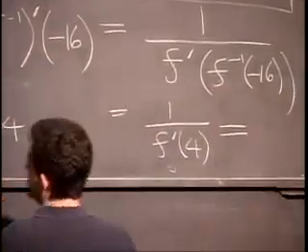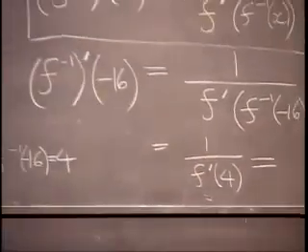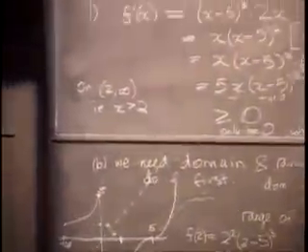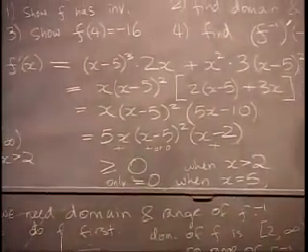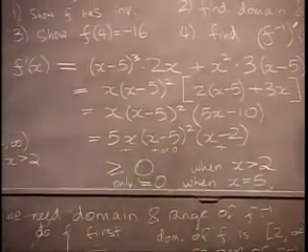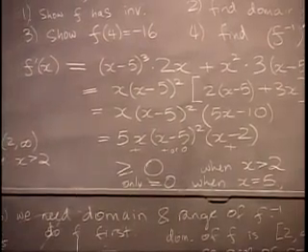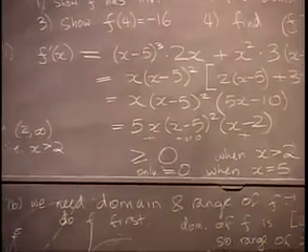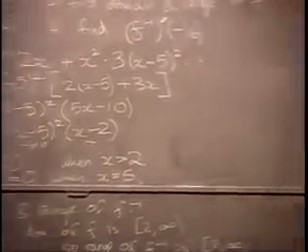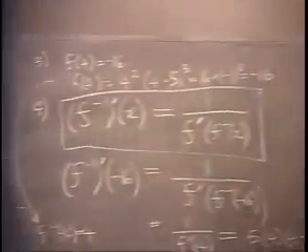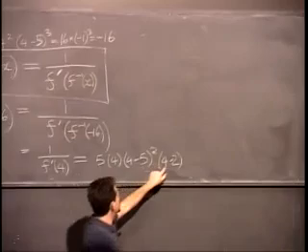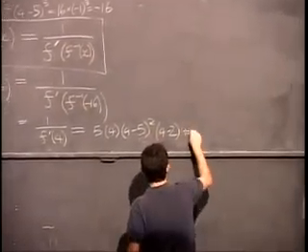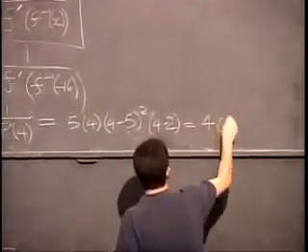And we actually calculated what f prime is. If you come back over here, it's on that bottom line, 5x, x minus 5 all squared. And the last factor was x minus 2. So this is minus 1 all squared, which is 1. You get 5 times 4 times 2, 40.